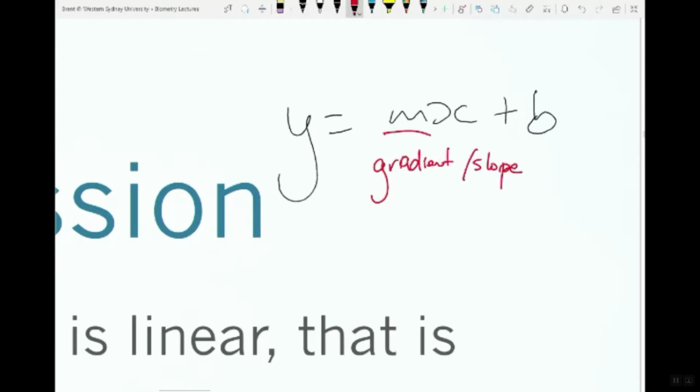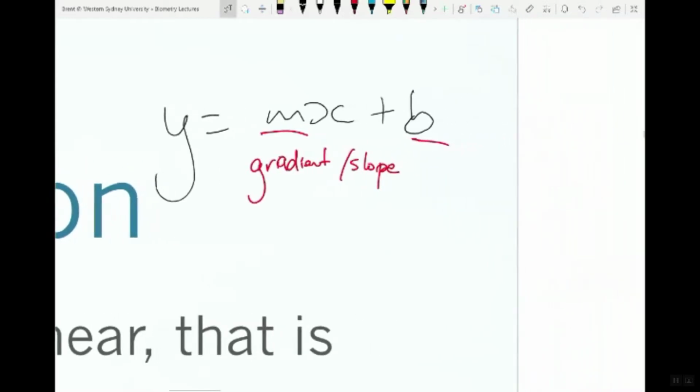Okay, it tells you how steep the line is. Does it go up or down? That's the first part, positive or negative. And then the steepness, okay? Is it a shallow line like that? Is it a really steep one like that? It tells you that. Does anyone remember what b represents? The y-intercept, good. So it's the point on the y-axis that the line crosses.